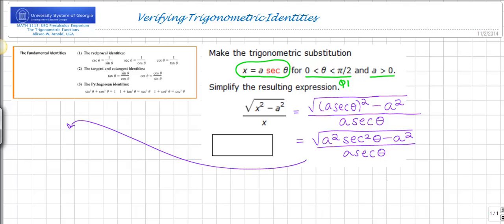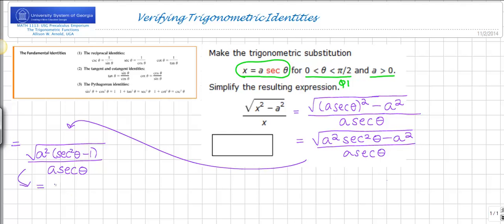Go over here to give me a little room. And notice that under the radical there's a common factor of a squared, leaving me the square root of a squared times secant squared minus 1, still divided by a secant of theta.